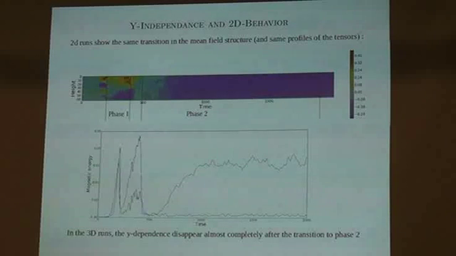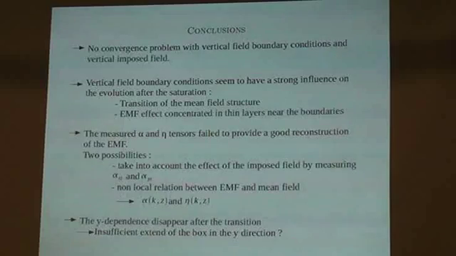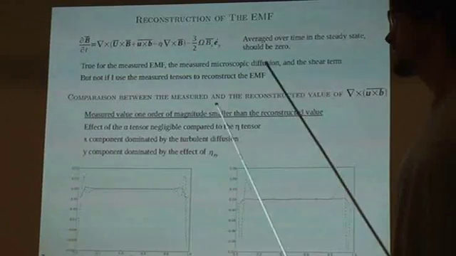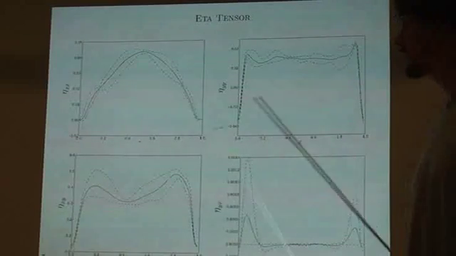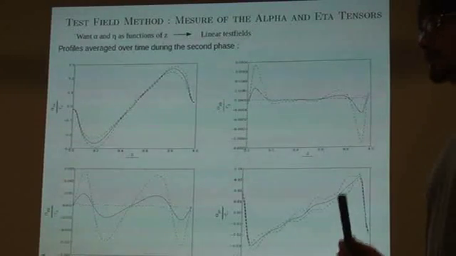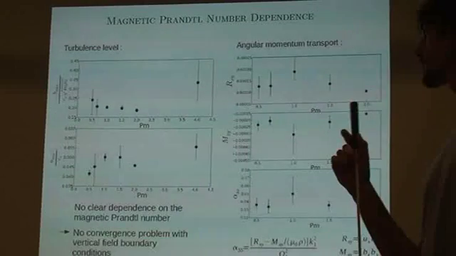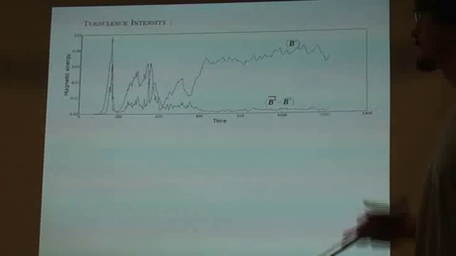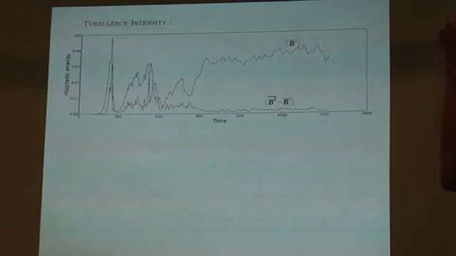So in the 3D run, in the very first stage, the linear stage of the MRI, do you really see a specific wave number in Y? No, in the linear stage there is no relevant Y dependence. It appears only just after the end of the linear phase. So we may conclude that the MRI is fastest growing even for wave number 0 in the Y direction. Yes, that's true.